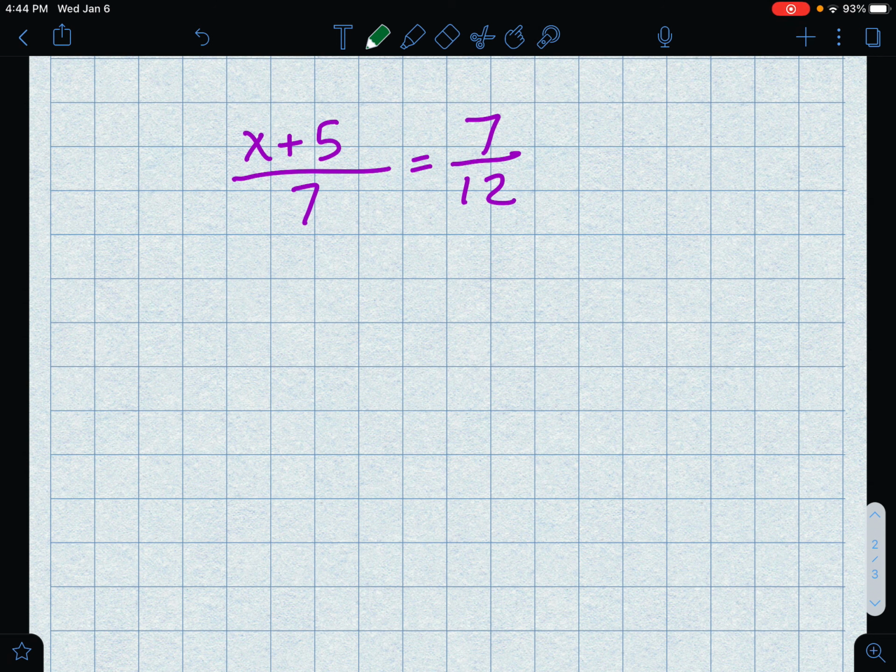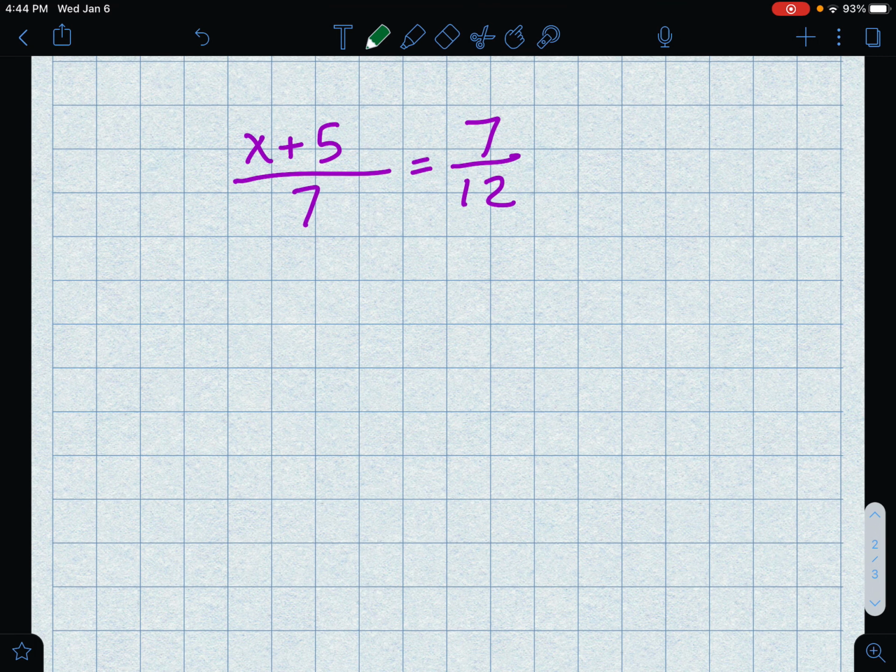Yes, going from 7 to 12, I could figure out a multiplier such that 7 times some number gets me to 12. But I want to show you the maneuver just one more time. So I'm going to undo dividing by 7 by multiplying by 7. All right, so then we have x plus 5 equals 49 twelfths.